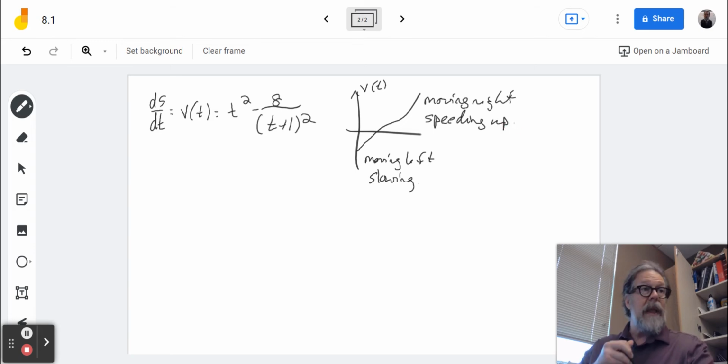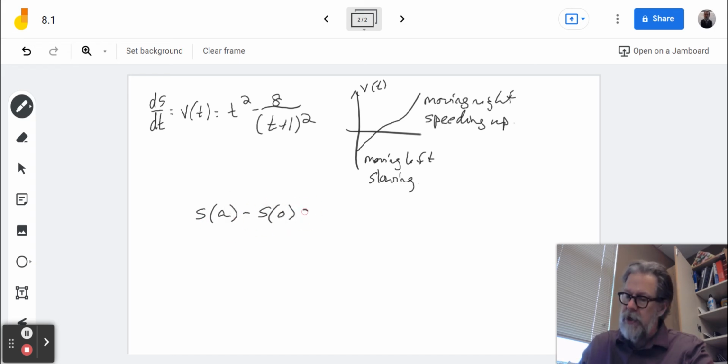Now, how far do we move? Well, we know that we're going to move at some time a minus wherever we started, and that's going to be the sum of the little velocity rectangles.